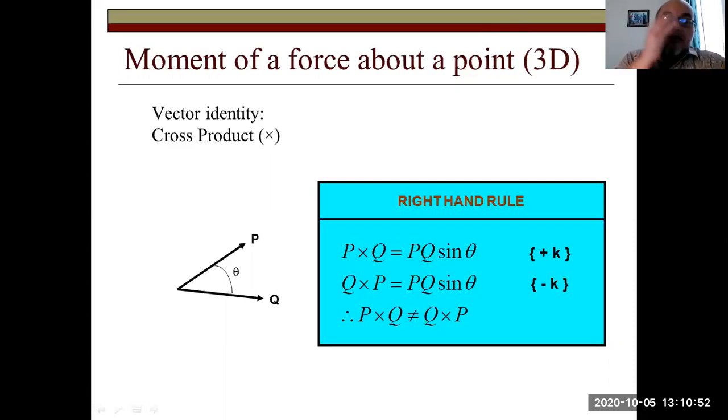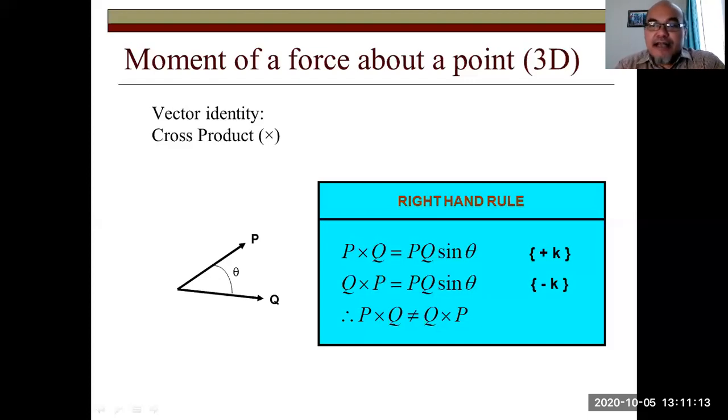let's look at the cross product itself. What is the definition of the cross product? We have two vectors here in 3 dimensions. Then the cross product P cross Q is equal to the magnitude of P times the magnitude of Q multiplied by the sine of the angle between them.